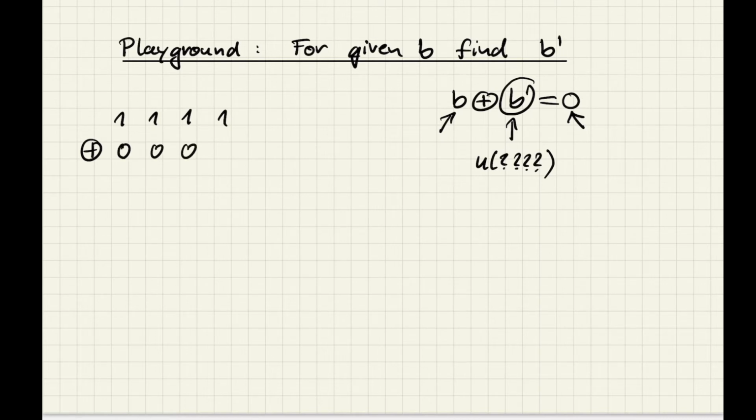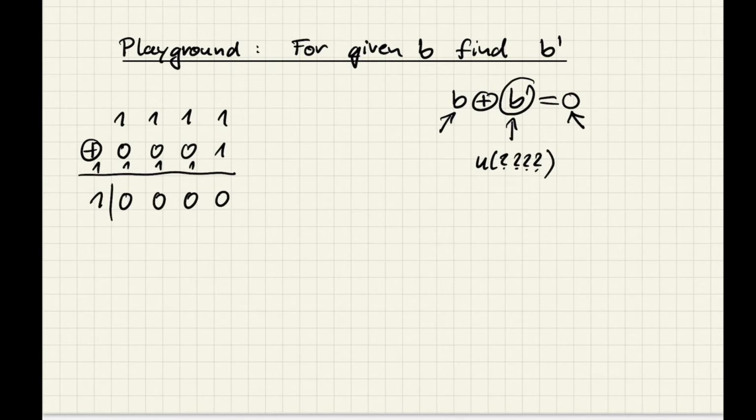If I would use this bit pattern, which has only leading zeros and the least significant bit is 1, then the problem is solved, because here we have 1 plus 1, that's 0, carry 1, 1 plus 0 plus 1 is 0, carry 1, again 1 plus 0 plus 1 is 0, carry 1, 1 plus 0 plus 1 is 0, carry 1, and the cout is not part of the computed sum. So for that, the problem is solved.